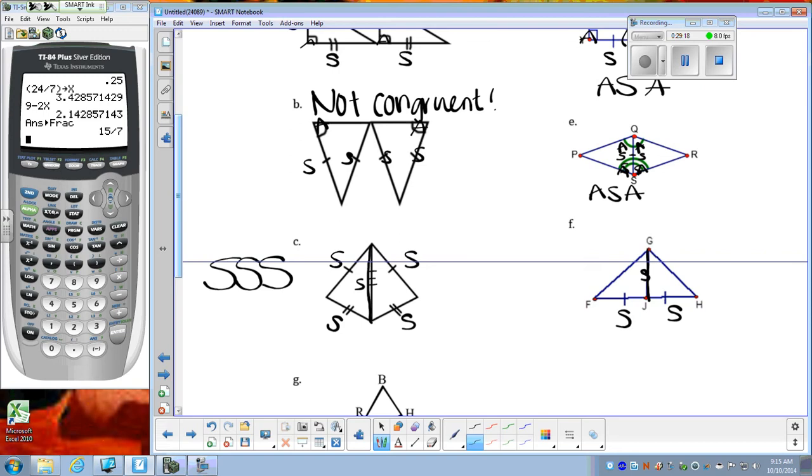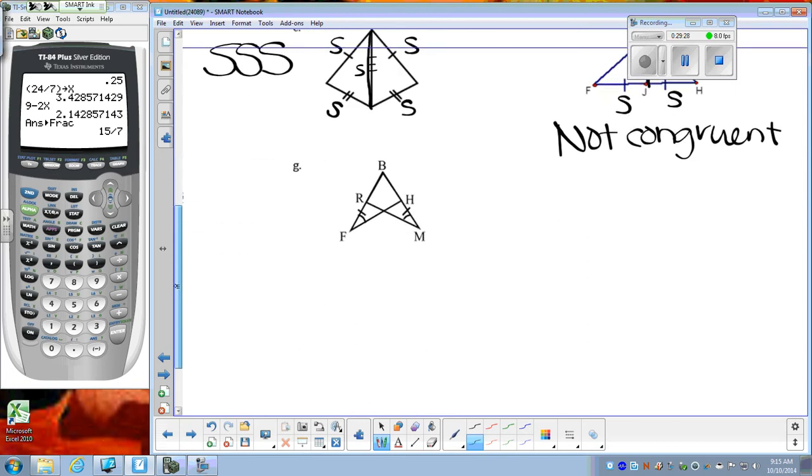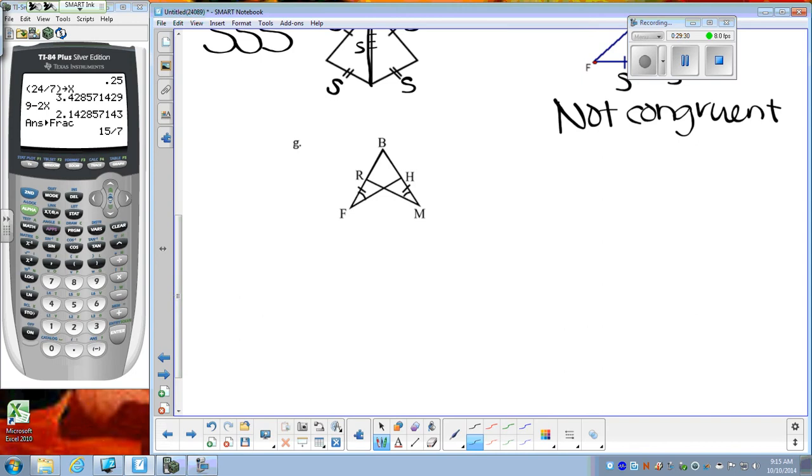So there's another side. But I don't know anything else, so these are not congruent because all I have are two pairs of congruent sides. In G, I have some overlapping triangles, so I'm going to look at what I've got. I have an R, S, I'm going to label this O.